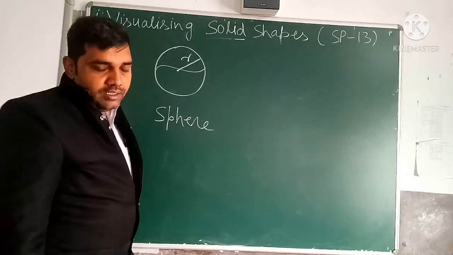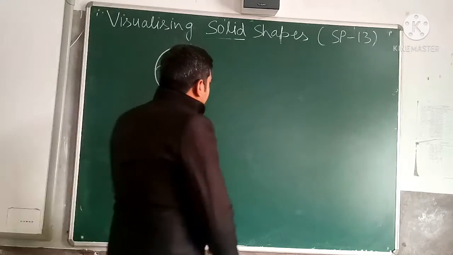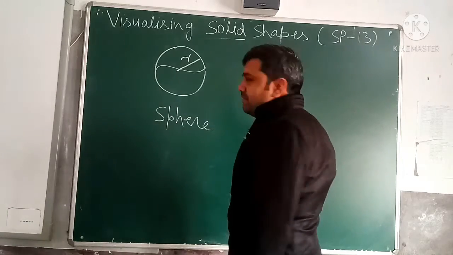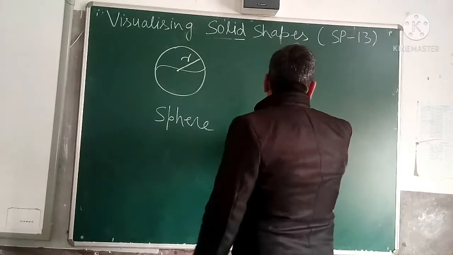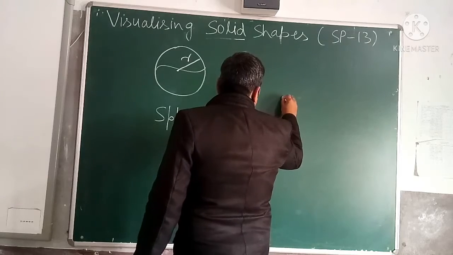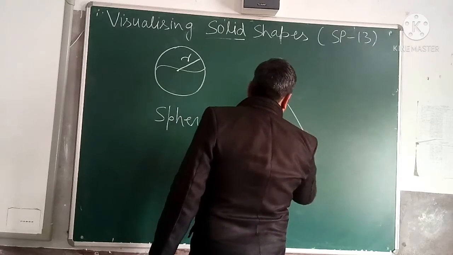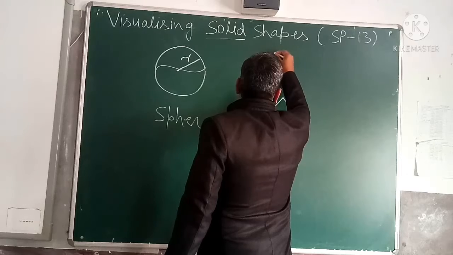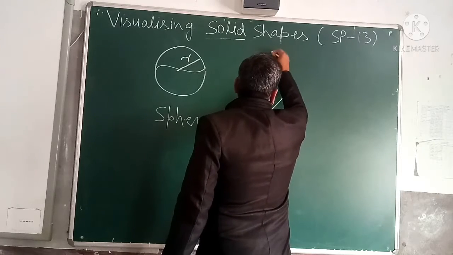So now we move to the next, the prism. The name of the prism is based on the base of the prism. Suppose this is a triangle and the top is also a triangle. You can consider this.